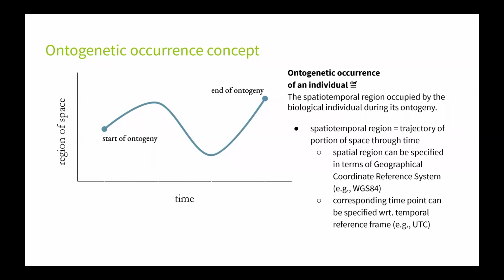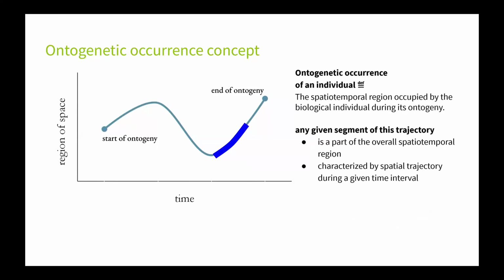At any point in time, the region of space that is occupied by the biological individual can in theory be specified with respect to a given geographical coordinate reference system, like for example the World Geodetic System WGS 84. Likewise, corresponding time points can in theory be specified with respect to a given temporal reference frame, like for example UTC.